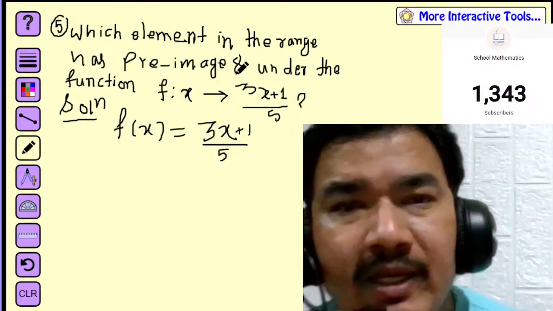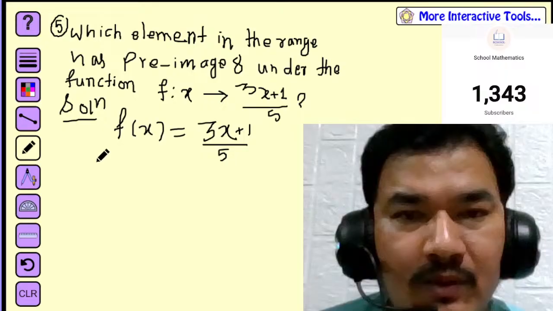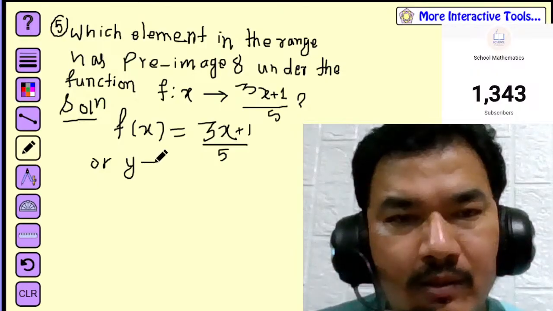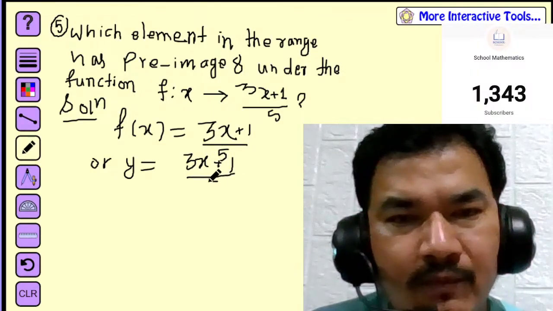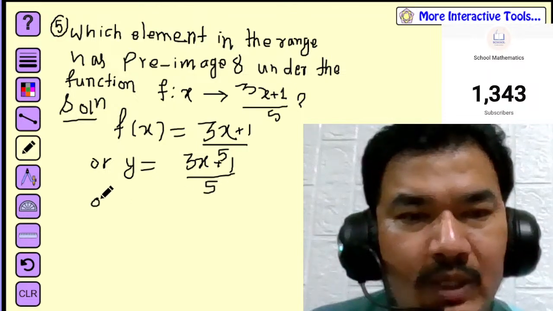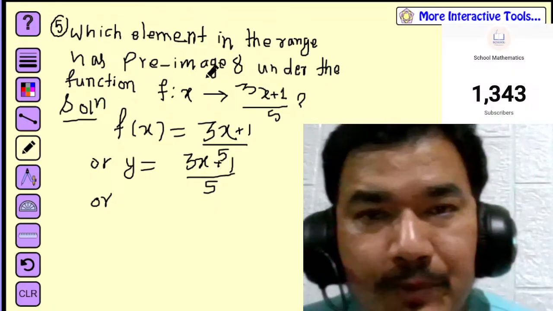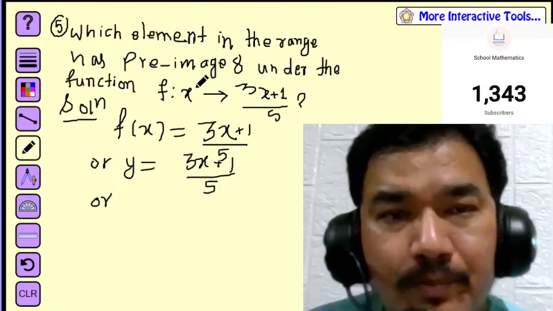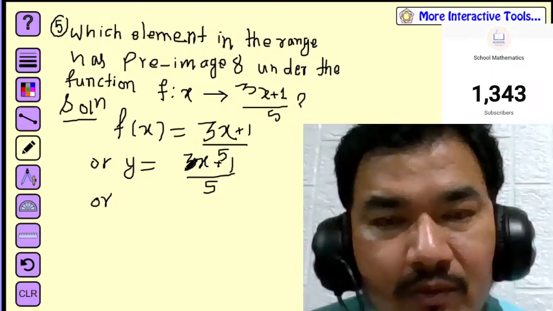We are told the element in the range has pre-image 8. Range means we have to find the value of y. We know that y equals (3x plus 1) by 5. The pre-image is 8, and the pre-image is the value of x.